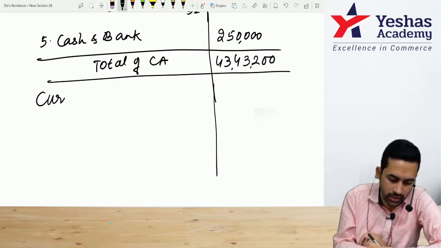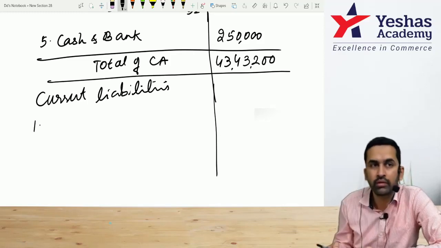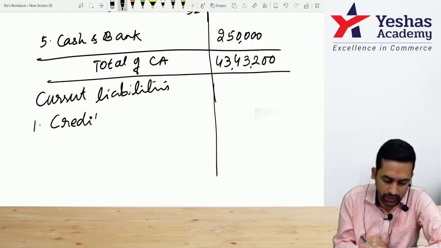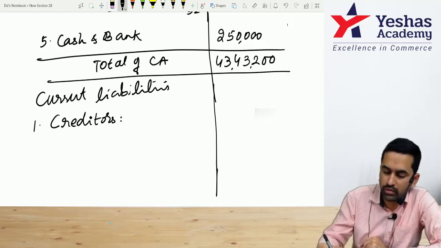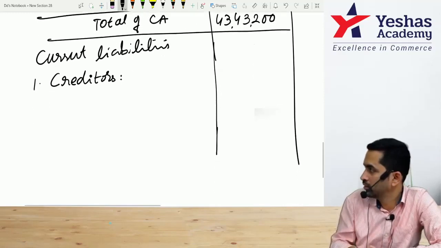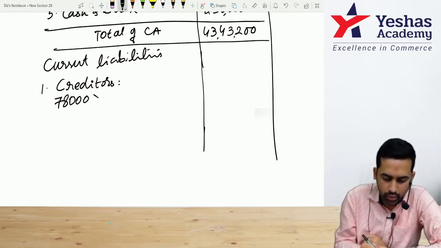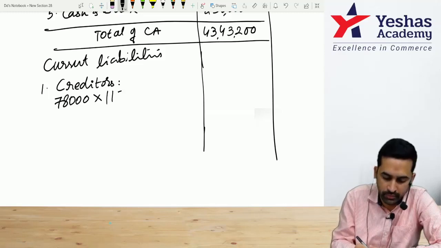Next, current liabilities, starting from creditors. 78,000 into raw material cost is 117.